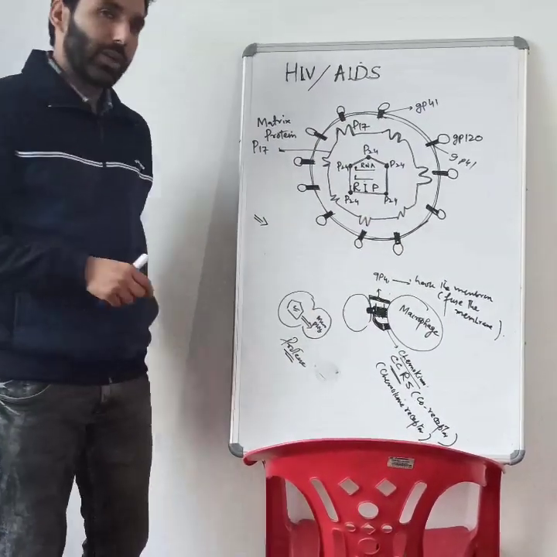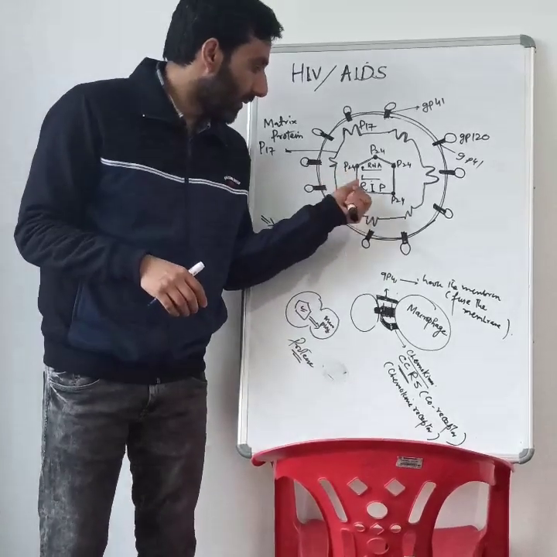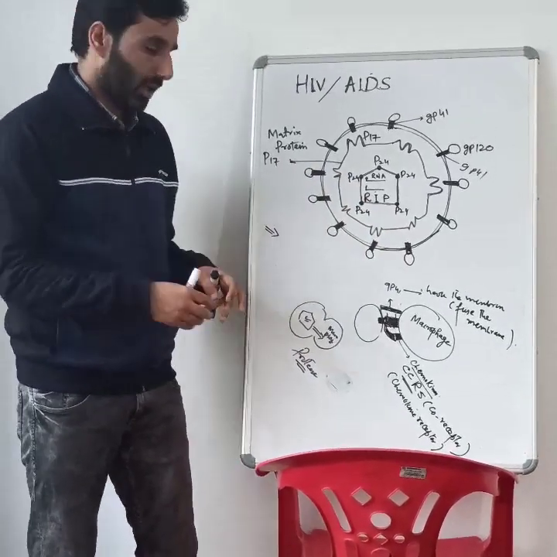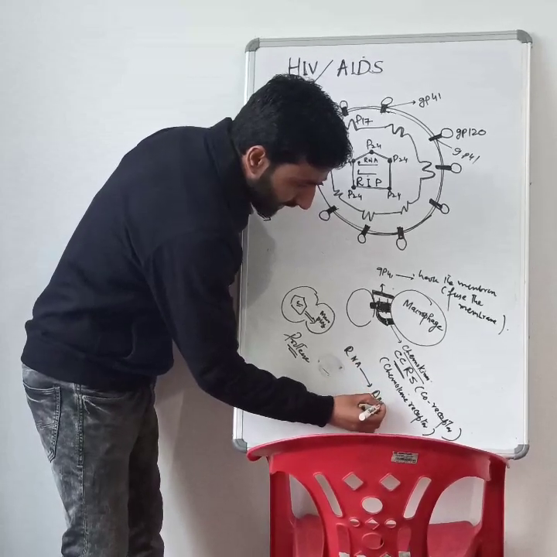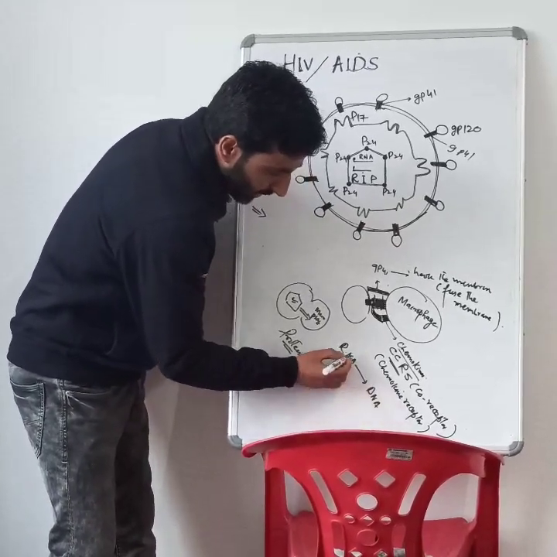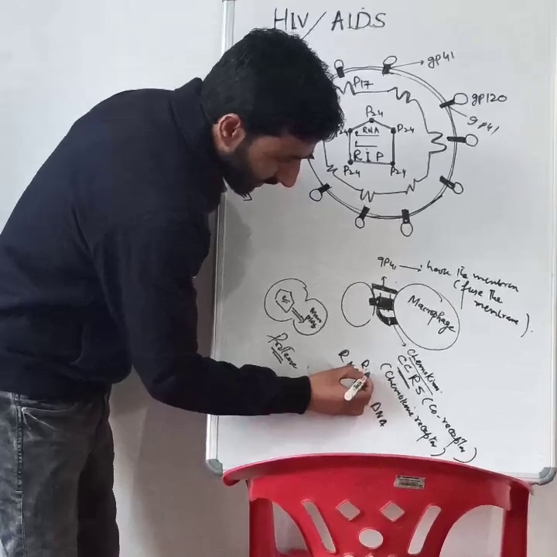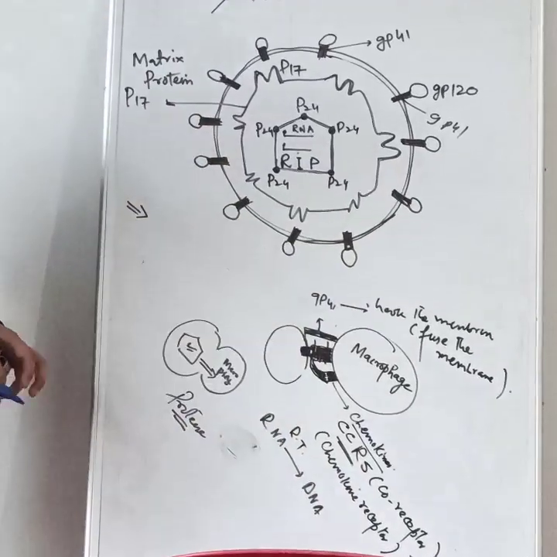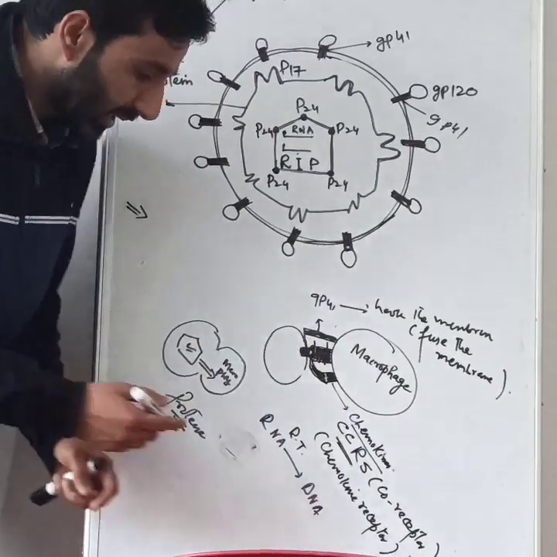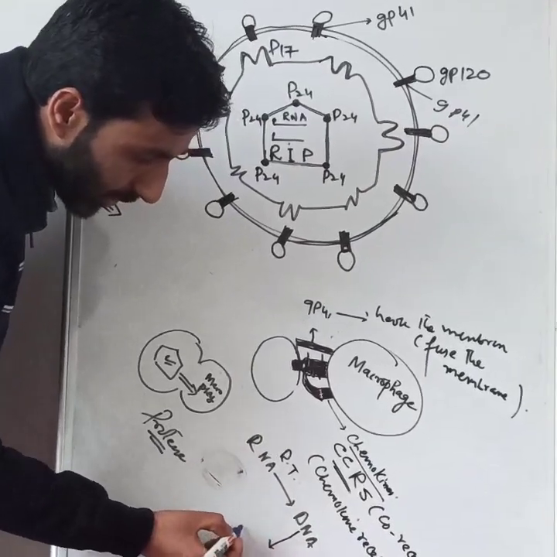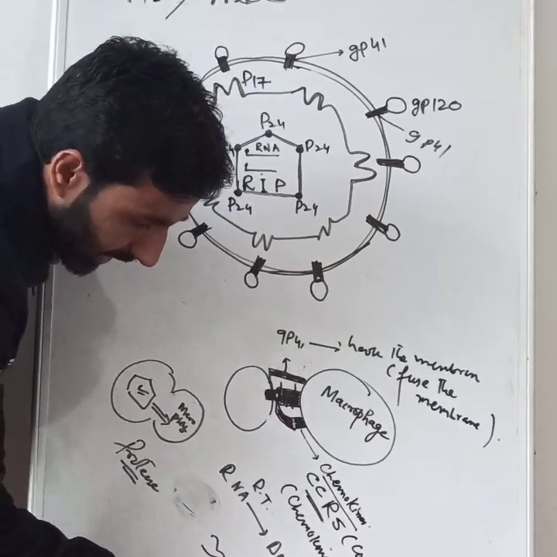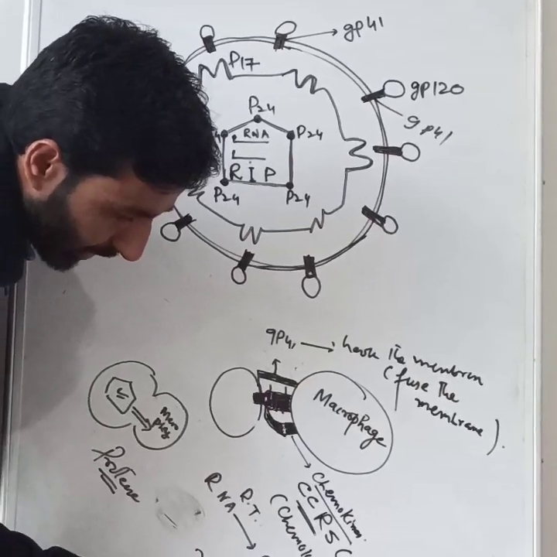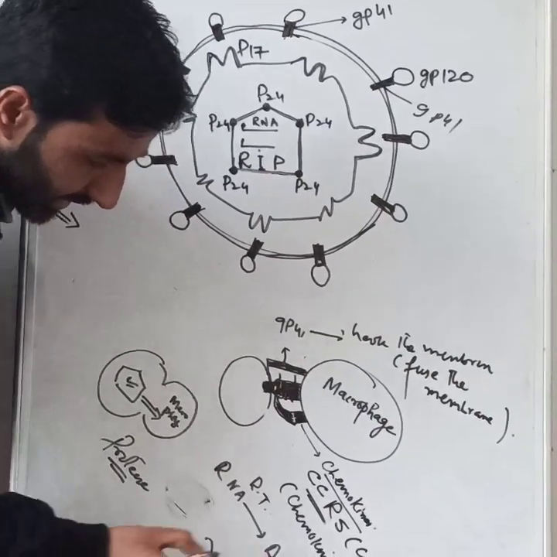We already discussed that by the help of reverse transcriptase, it will change the RNA into DNA. This is the reverse transcription. Then this DNA is integrated into the host DNA by integrase. We know it also from the previous lecture.